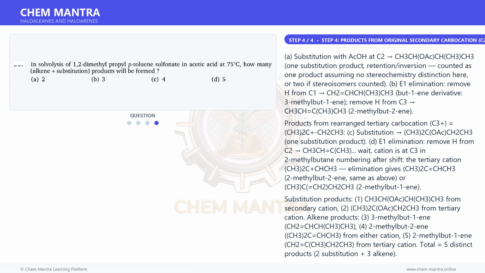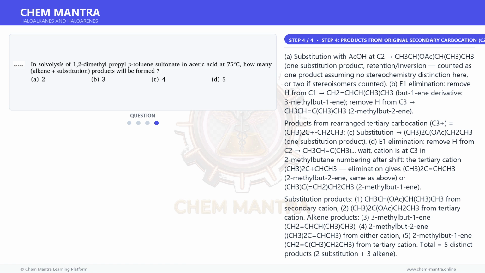Elimination gives CH3C(CH3)=CHCH3, 2-methylbut-2-ene, same as above, or CH2=C(CH3)CH2CH3, 2-methylbut-1-ene.